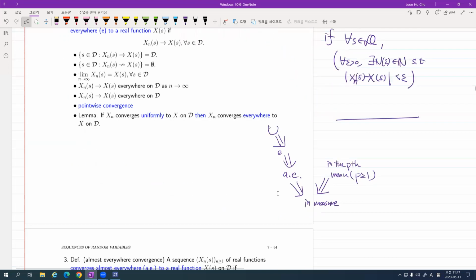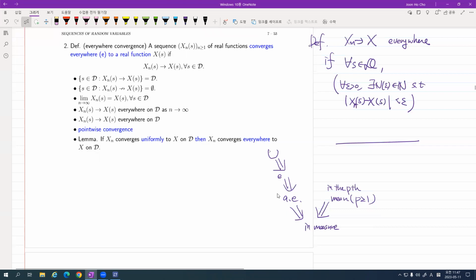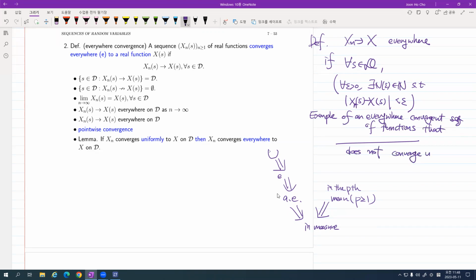Okay. So suppose your sequence, an example of an everywhere convergent sequence of functions that does not converge uniformly.